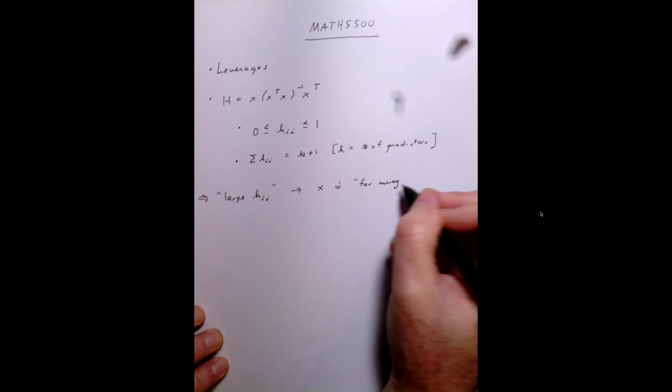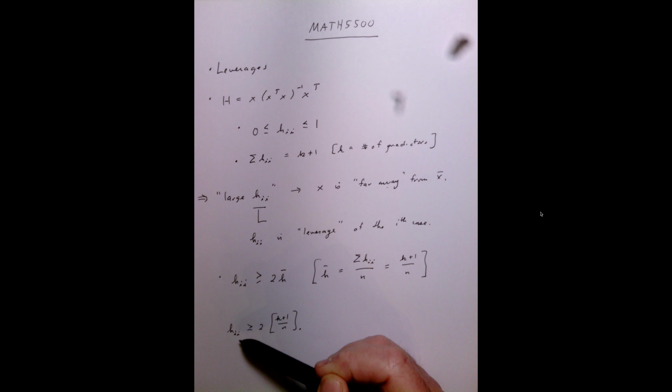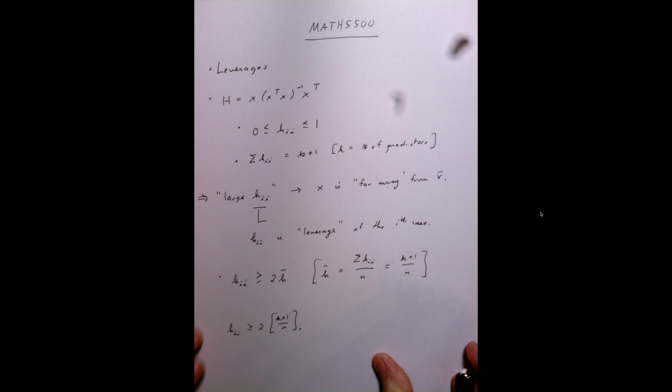So if you have 20 cases, 20 people, 20 subjects in your study, you will have a diagonal value for each of those cases. If any of those diagonal values is larger than this quantity, then we have an issue. And I'm going to demonstrate this to you a little later.